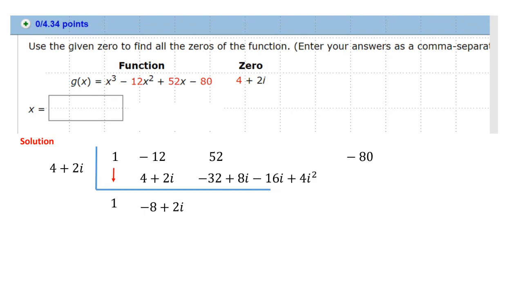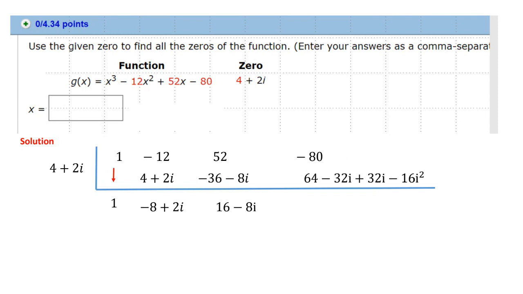So if we simplify this, we know that i squared is the same as -1. So this would be -1 times 4 is -4, plus -32 is -36, and 8i minus 16i is -8i. So we end up with -36 minus 8i.